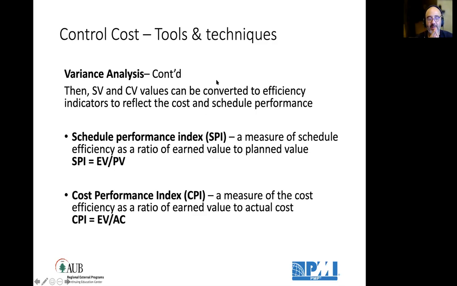A cost performance index of 0.7 means for every dollar I'm spending on the project, I'm getting value of only 70 cents, which is not good. It means I'm burning the budget, as a performance indicator, as a performance measure. Okay?